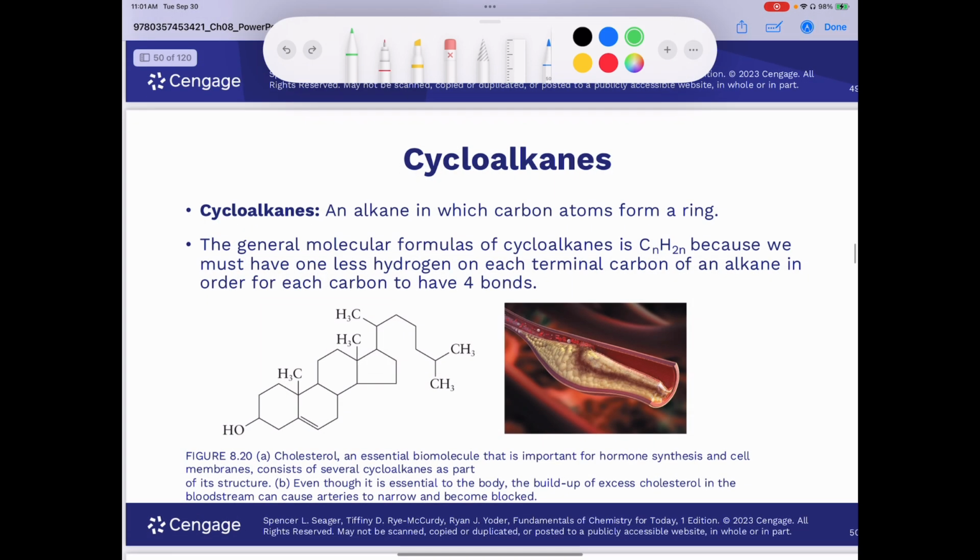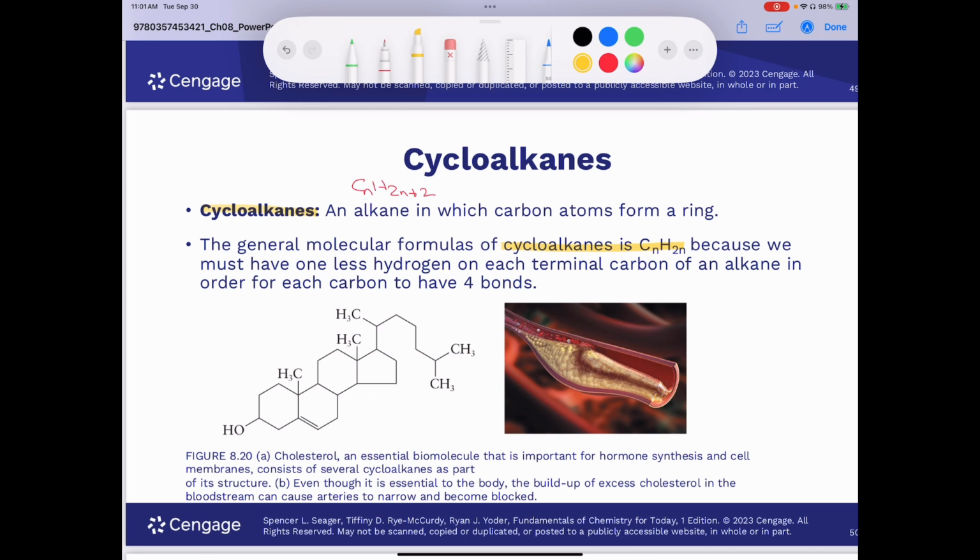As I just stated, a cycloalkane is an alkane comprised of only carbon and hydrogen, in which the carbon atoms form a ring. Unlike an alkane, which has the formula CnH2n plus 2, a cycloalkane has the formula CnH2n, because we have two fewer hydrogens when we make our ring.